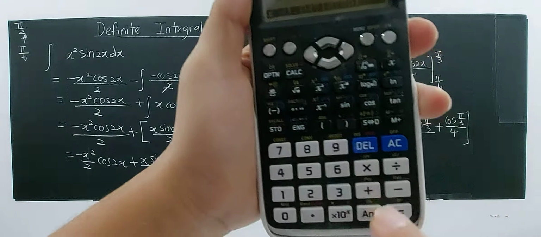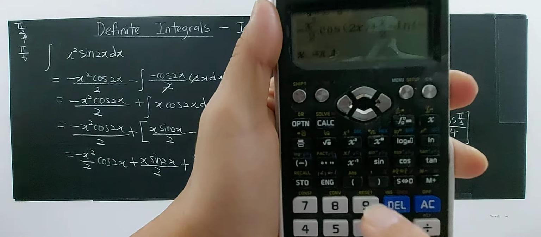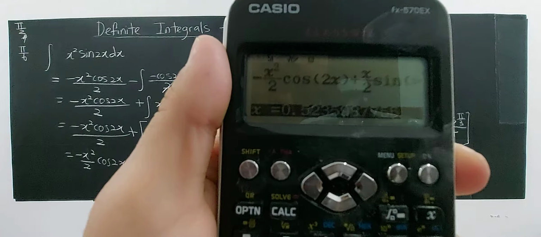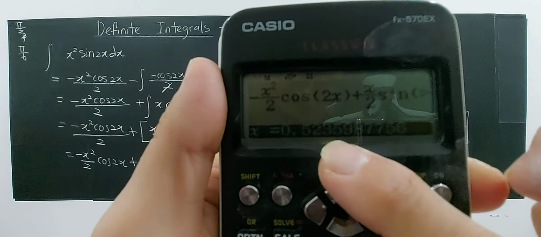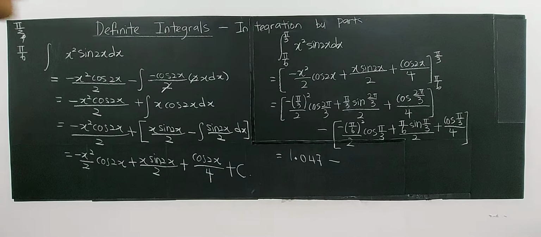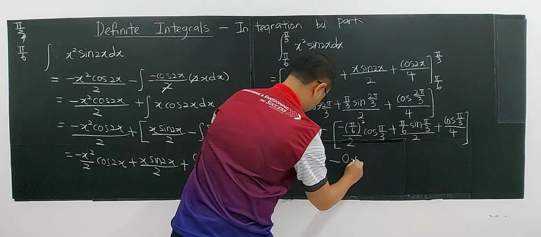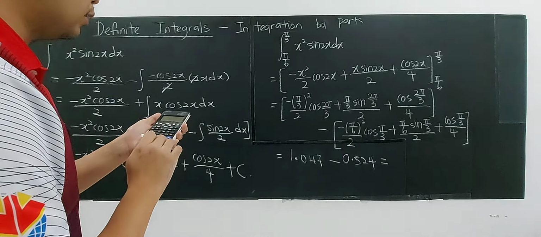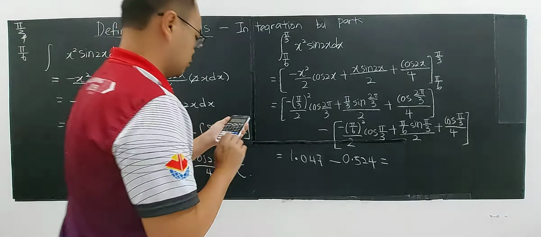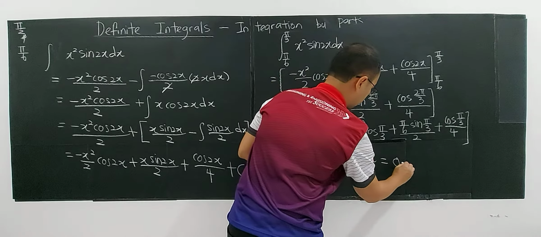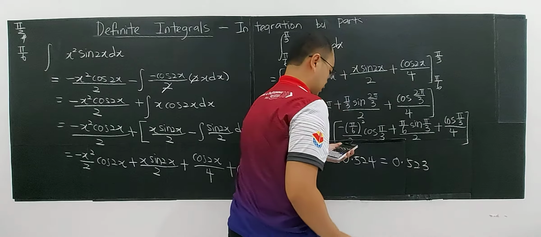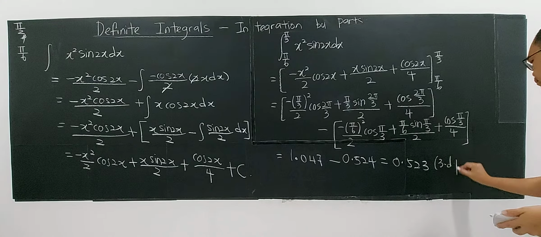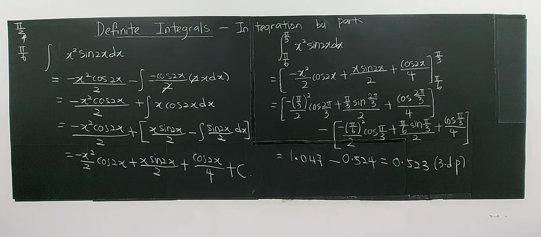Shift pi over 6, equal, so I'm getting 0.524, 3 decimal places. So after evaluating, I have 1.047 minus 0.524, which gives me 0.523 in decimal. So this is my answer.